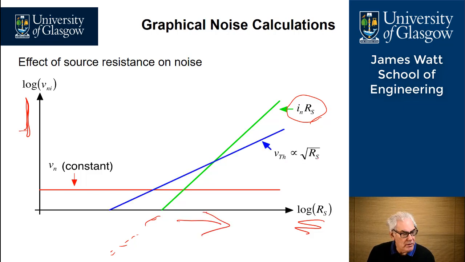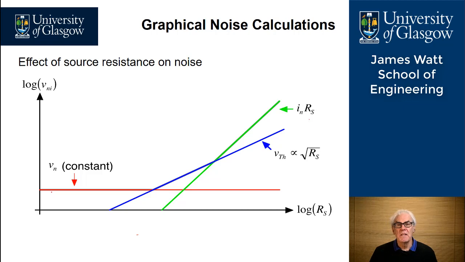We can also add to this our Vthevenin, and this Vthevenin voltage is purely dependent on the source resistance. And we know from our earlier calculations that noise voltage is proportional to the square root of source resistance. So we have a graph here which is dependent on the resistance, and we have a second line here which is dependent on the square root of resistance.